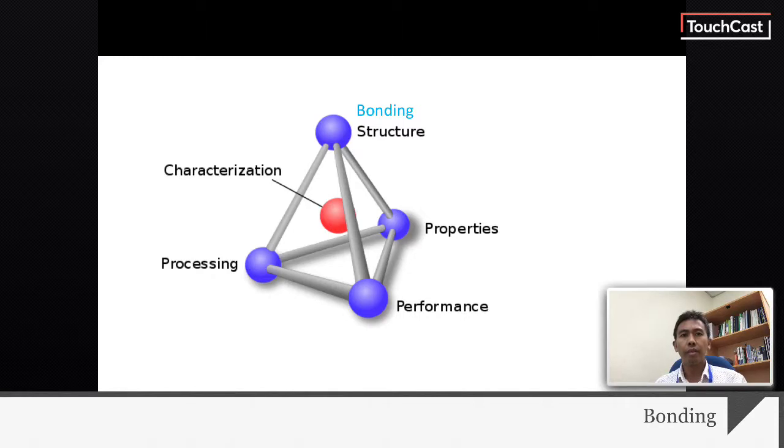In chemistry, you only learn about bonds, but for material scientists, what is important is to understand how the bonds affect the properties of materials.